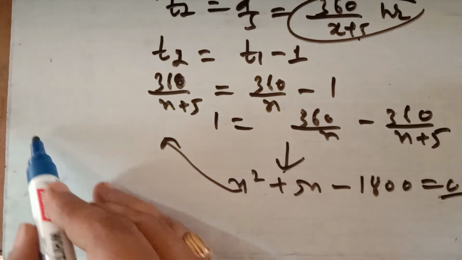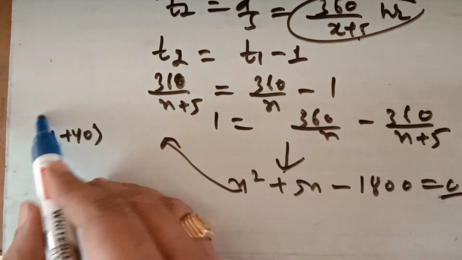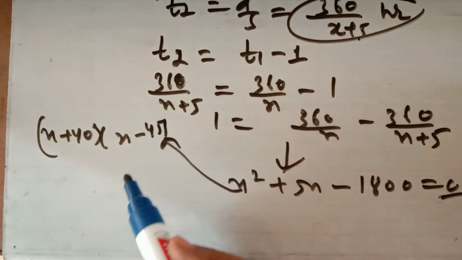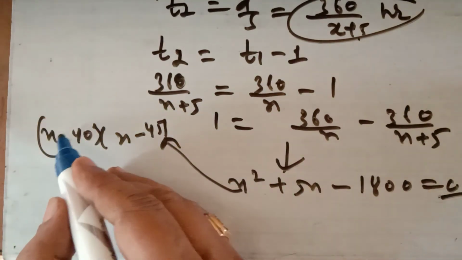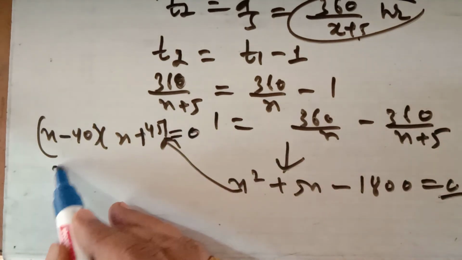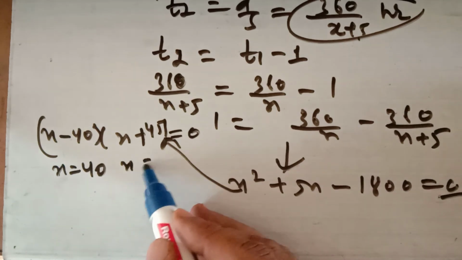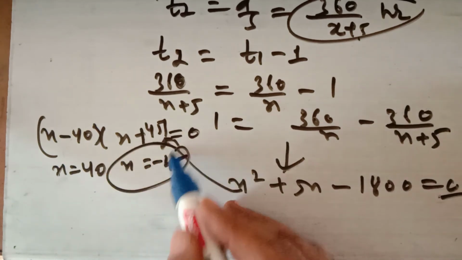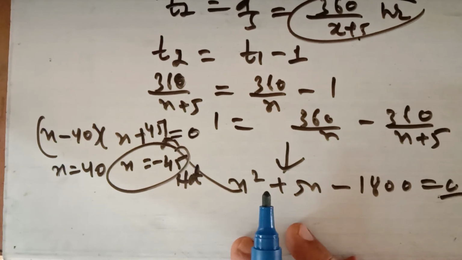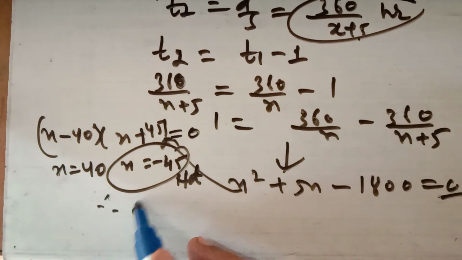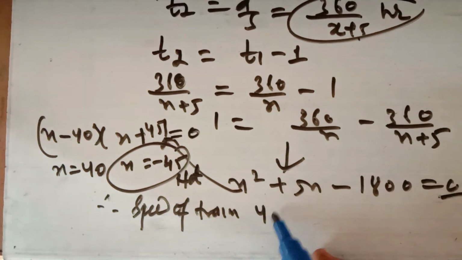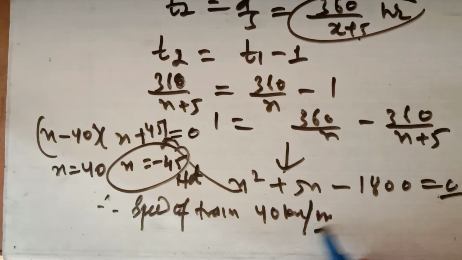It will be x minus 40 and x plus 45 equal to 0. So the value of x is 40 and the value of x is minus 45, which is not possible because the speed of the train cannot be negative. So the original speed of the train is 40 kilometer per hour.